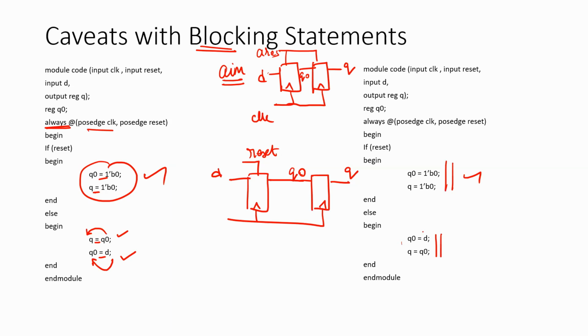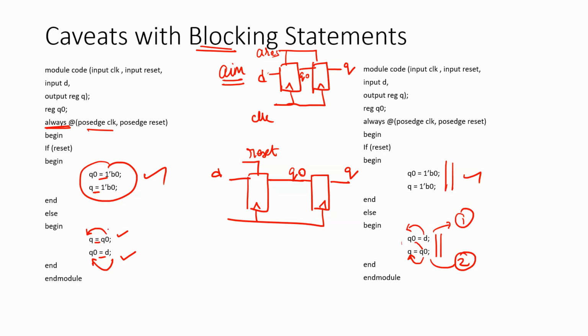I told you whenever we are using equal to, the order of execution will be in the same order in which we have written. So D is assigned to Q0 and then Q0 is assigned to Q. By the time the statement Q0 assigned to Q is evaluated, Q0 already has the value of D because that statement executed first.